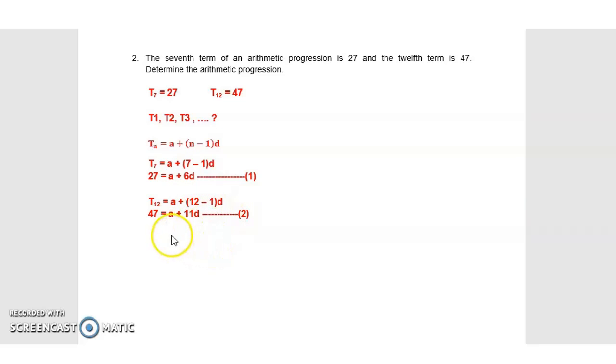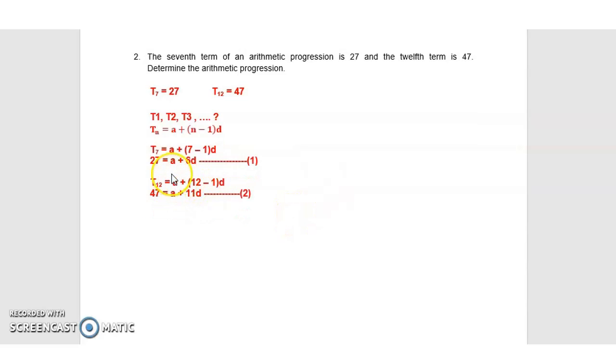We need to eliminate one unknown first in order to get the other. The multiplier for A is 1 in both equations, so the easiest way is to eliminate A first instead of D. How to eliminate A? Equation 1 minus equation 2.